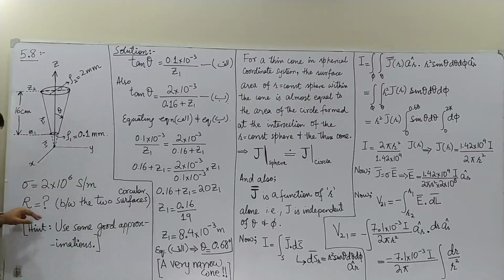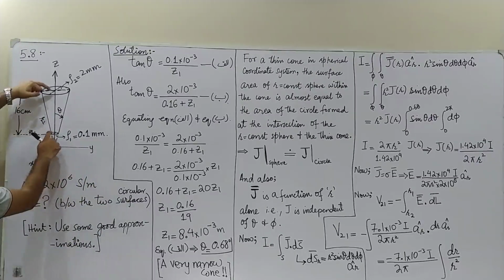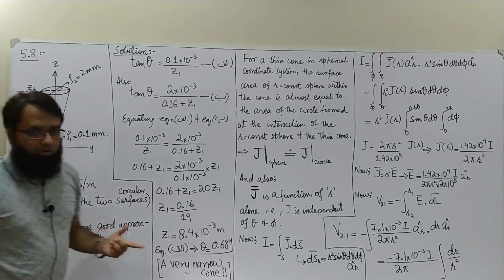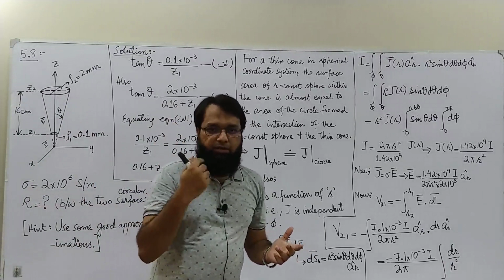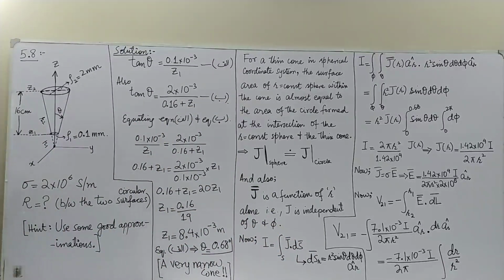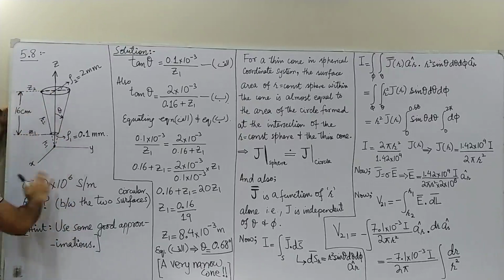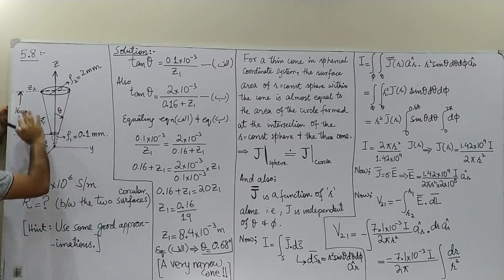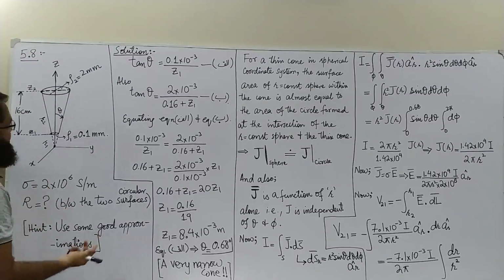So for current we need current density, and for V, which is the potential difference between these two faces, we should know the electric field intensity, because V is equal to minus the integral of E dot dl, the well-known expression. So let's start finding things which are unknown, which we can readily find in this problem, and see what kind of cone it is and what approximations or assumptions we can make while solving this problem.